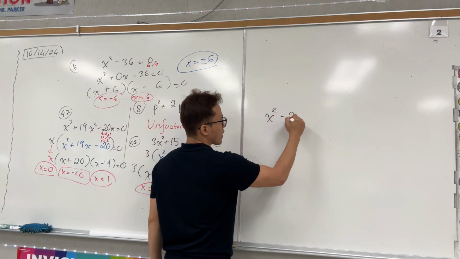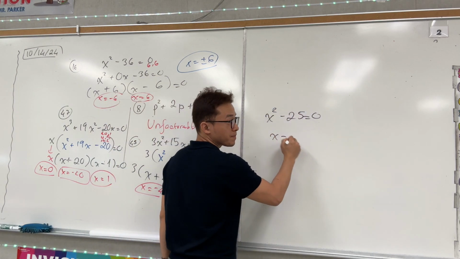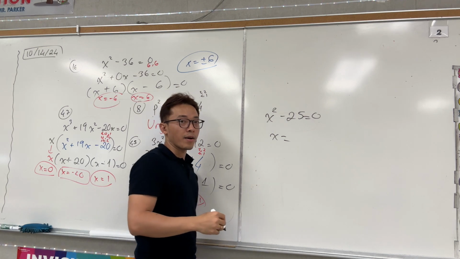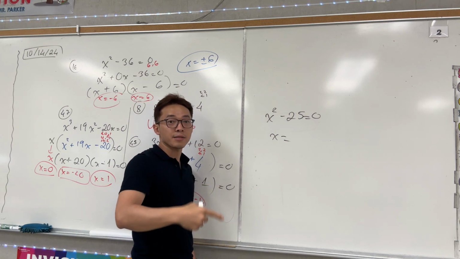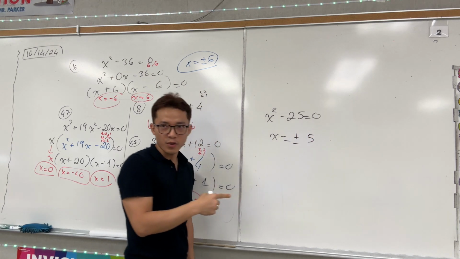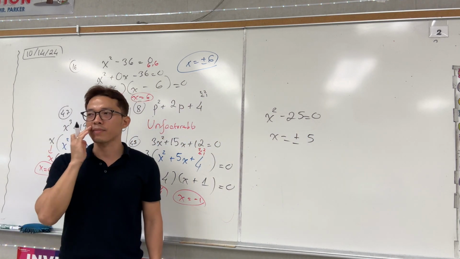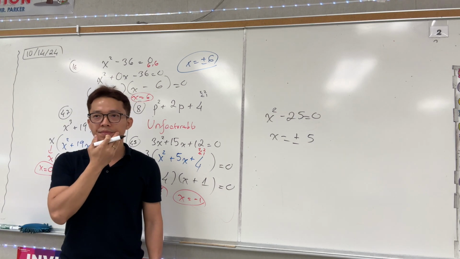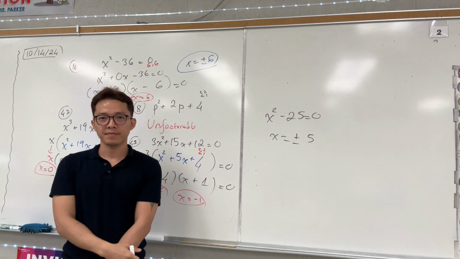Let me ask you this. x squared minus 25 equal to 0. What is the solution? Plus minus 5. You need to have two solutions. Do you know why there are two solutions? Who can give me the explanation? I give you 1 point. Why do you have plus 5 and minus 5?